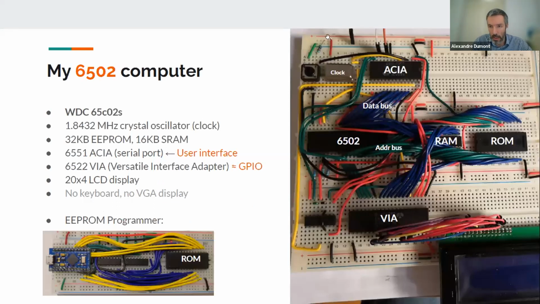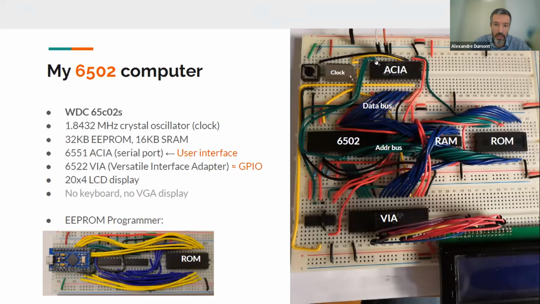So here is my breadboard computer. For those of you who may know Ben Eater on YouTube, he made a series about building a 6502 breadboard computer. So that's what I followed to build this computer. And you may recognize all the components of the same architecture.